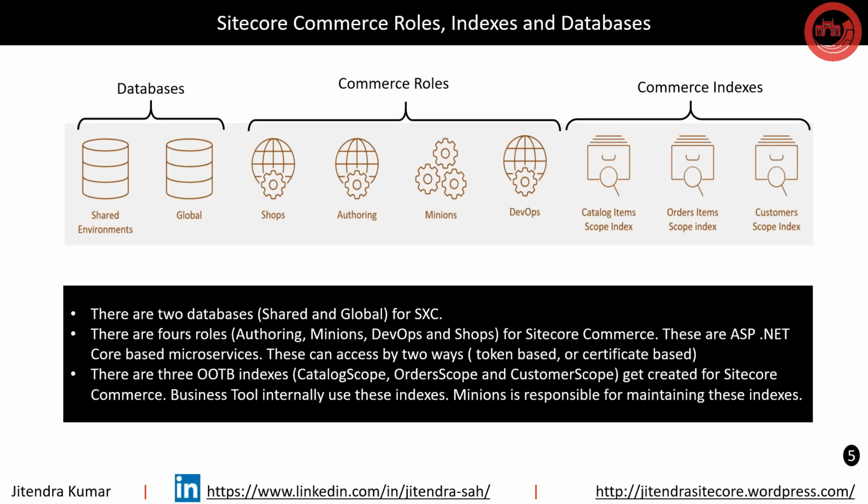They are for internal use, like the business tool. The business tool uses these indexes, and maintaining these indexes is done by the minion. The minion has the responsibility to keep these indexes updated. So this is all about the Sitecore Commerce roles, indexes, and databases.